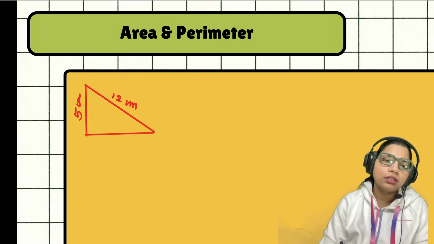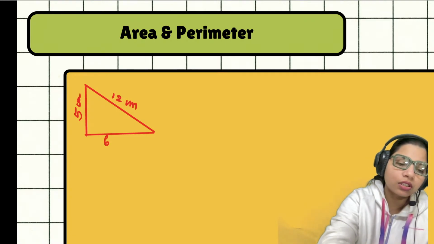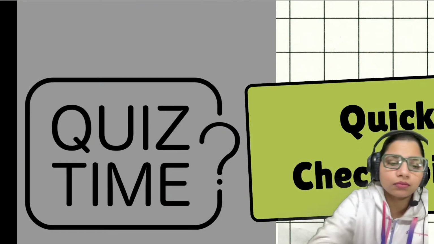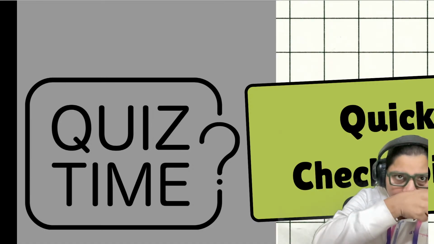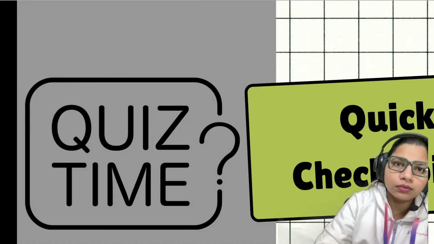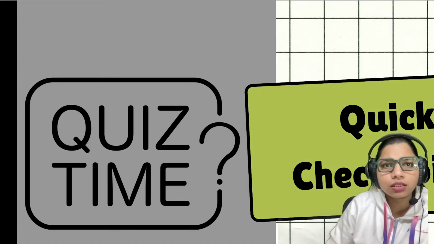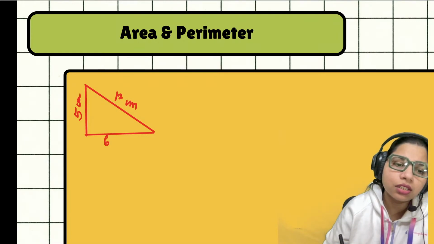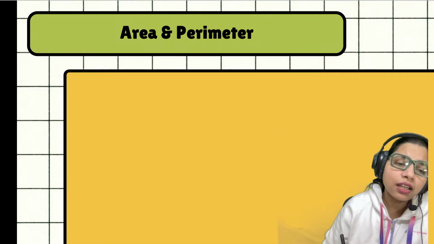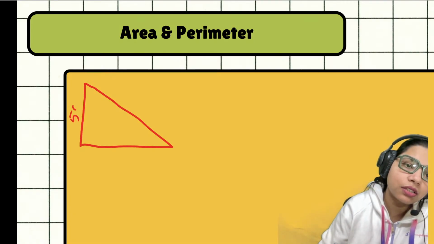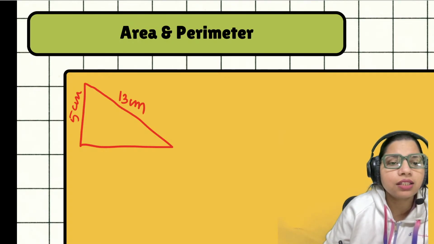Okay, we can say it's 13 centimeters, not 12 centimeters. Okay, let's redraw. This is the shape we have. This is 5 centimeters, that's 13 centimeters, and this is 12 centimeters.